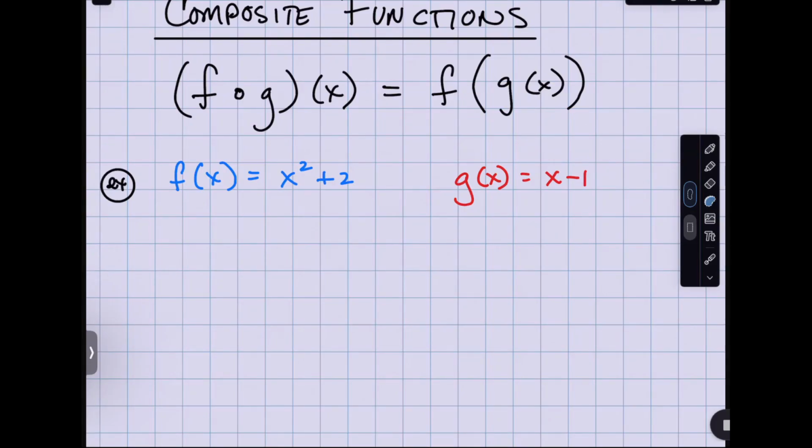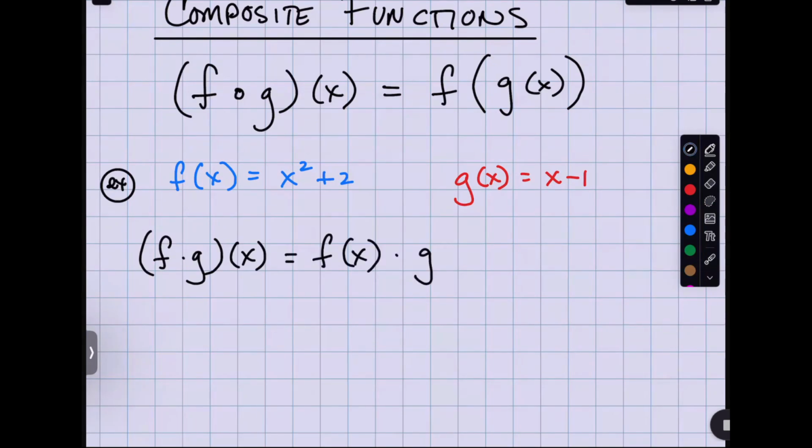I want to do both things. Do you want to do multiplication or addition? Multiplication? Okay. So let's say I'm given f times g of x. Well, that means I'm going to take f of x times g of x.